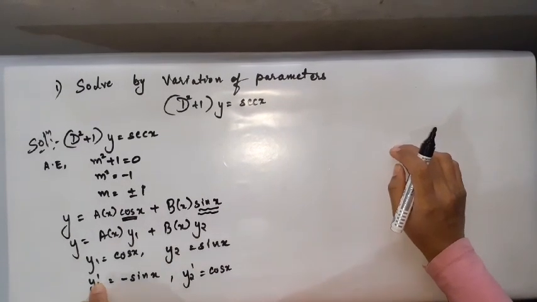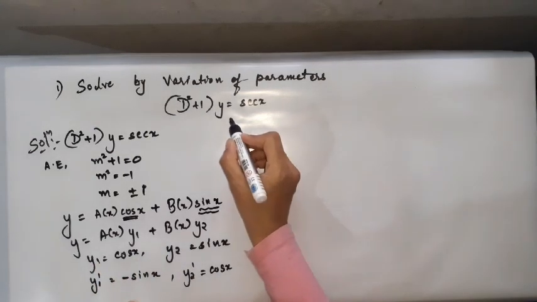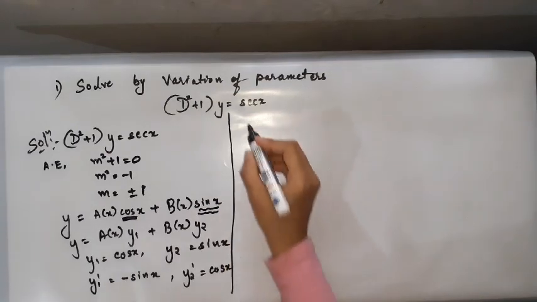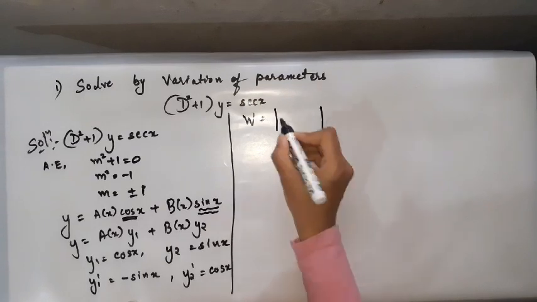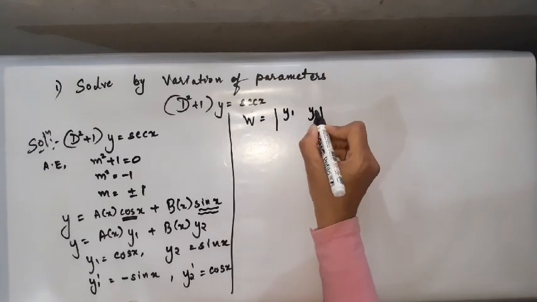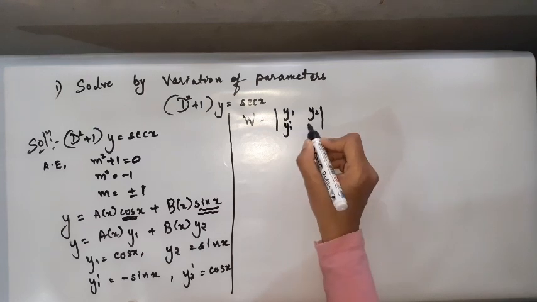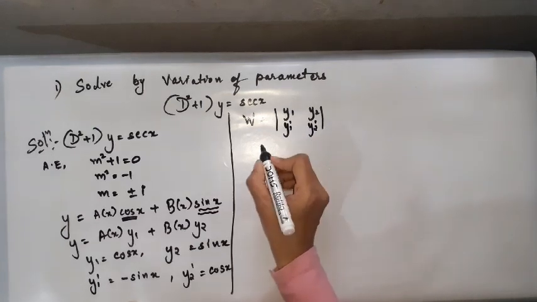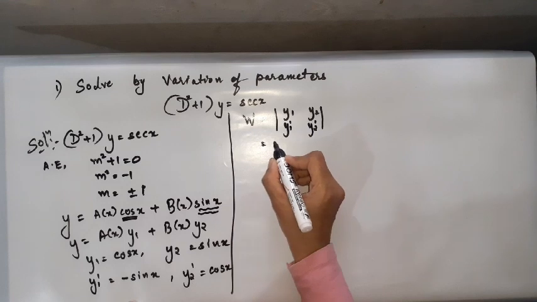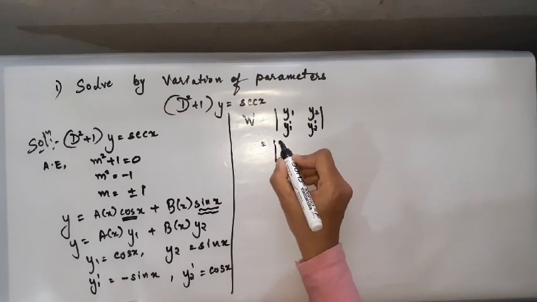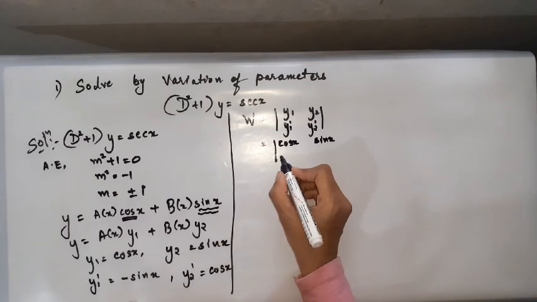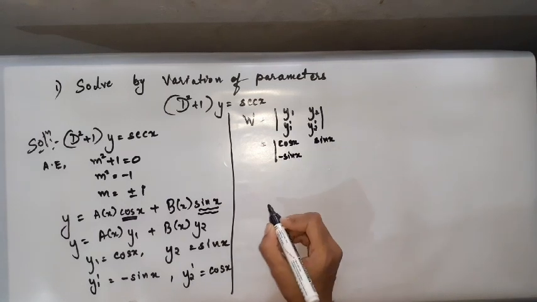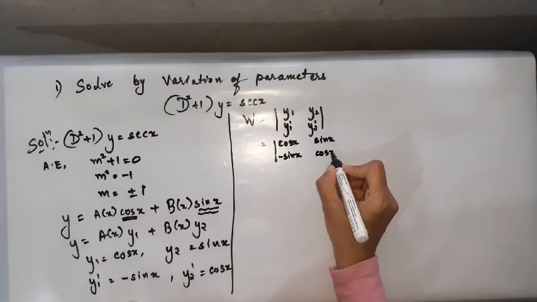Now, you have written y1, y2, y1 dash, y2 dash. Next is what? You should work out the W. W is the determinant of y1, y2, y1 dash, y2 dash. When you simplify this, it is cos x, sin x, minus sin x and cos x.